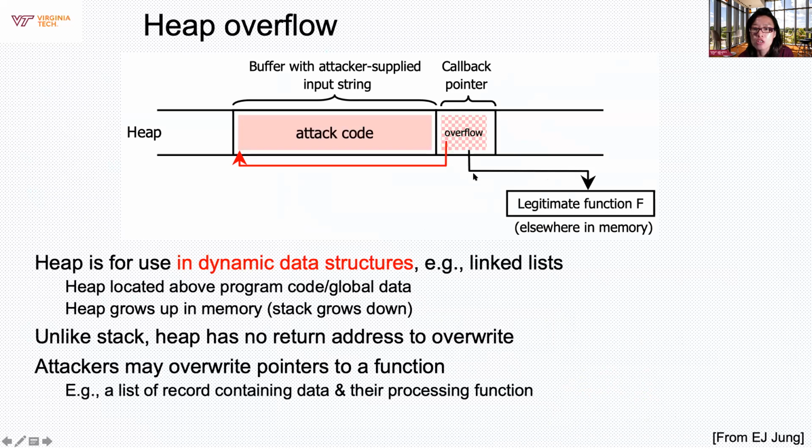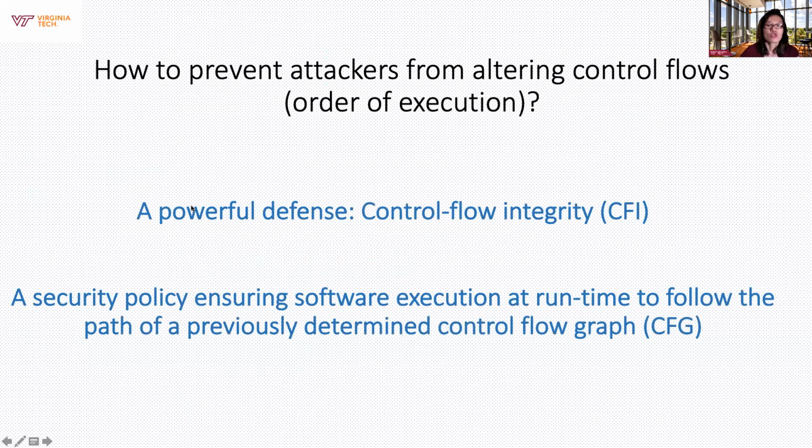It's supposed to point to the address of a legitimate function where that function is stored, but it could be overwritten and then point to the attack code, or to the attacker's function. So it doesn't have to be the stack. Things may go wrong.